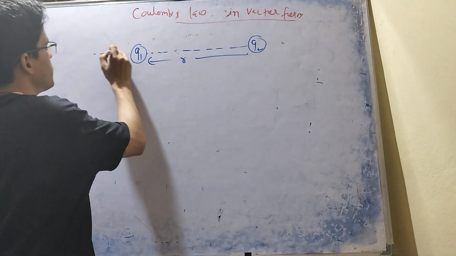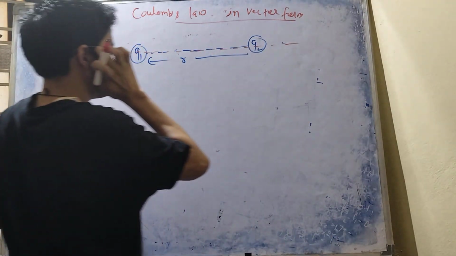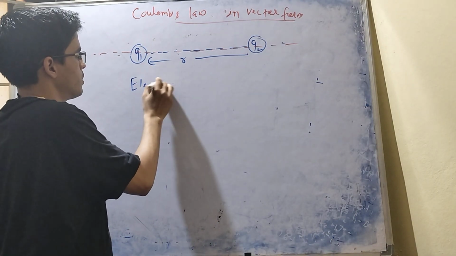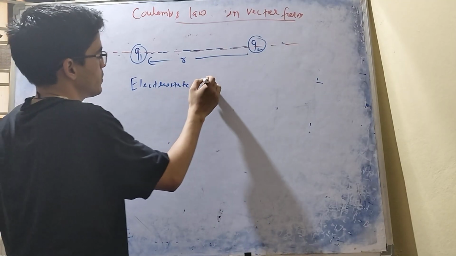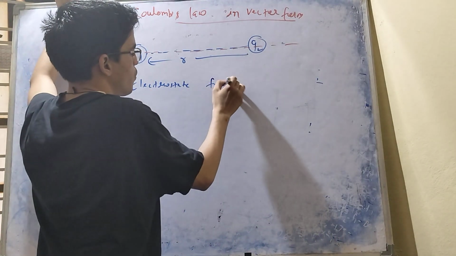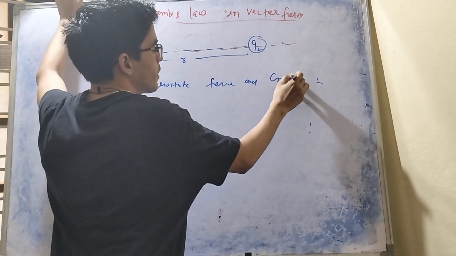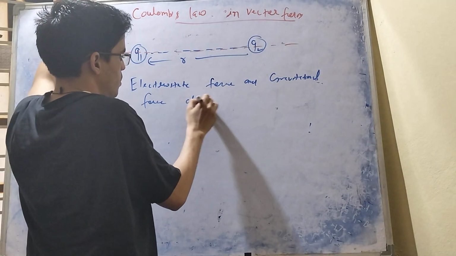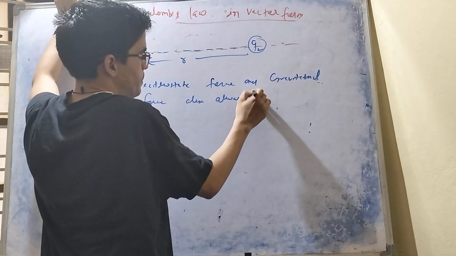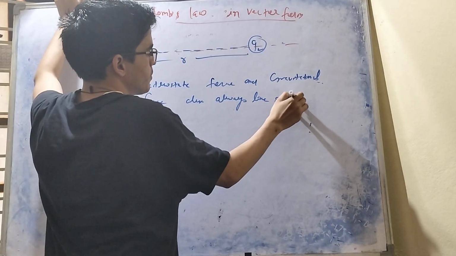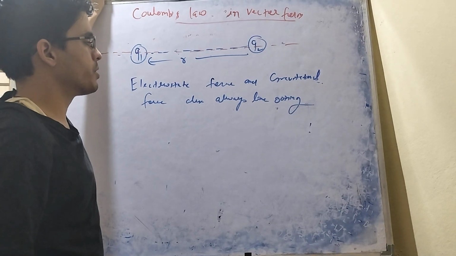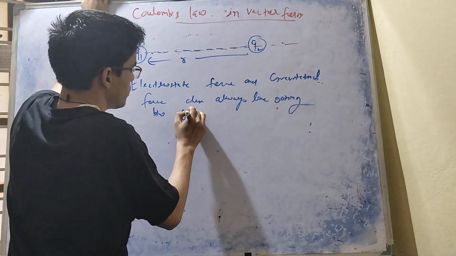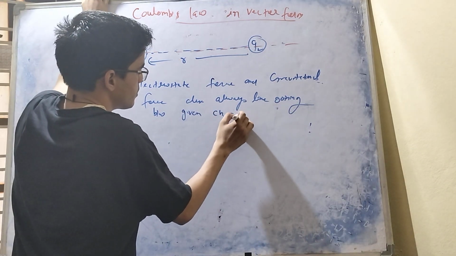So this is your line joining. Write this thing first: electrostatic force and gravitational force also are always along the line joining the given charges, correct?